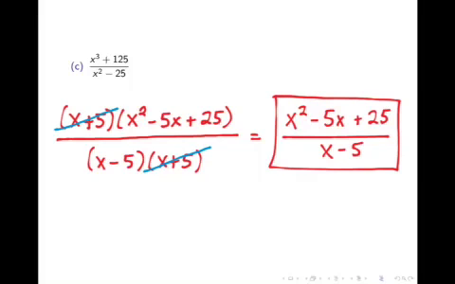And finally, part D. Here again, the only thing that we can do is a greatest common factor. So in the top, our greatest common factor would be 4, and we have x minus 3. Now in the bottom, that 3 minus x, we're not really used to seeing our binomials written that way.